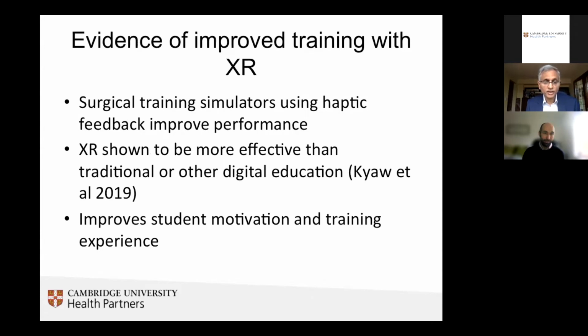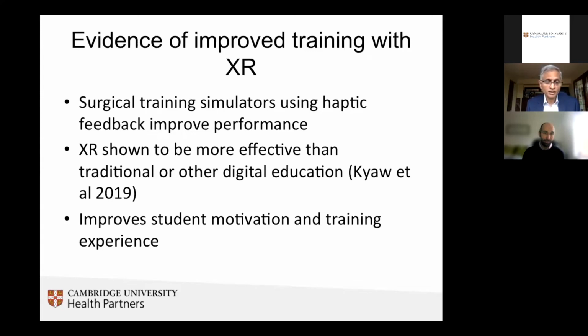The evidence of the use of extended reality compared to other forms of training is still embryonic, I would say. There is some evidence that in laparoscopic training simulators with haptic feedback, surgeons improve their performance with extended reality compared to other digital methods or traditional methods.